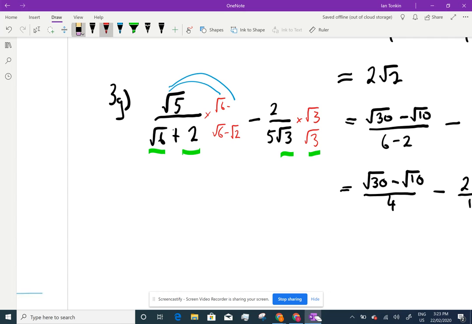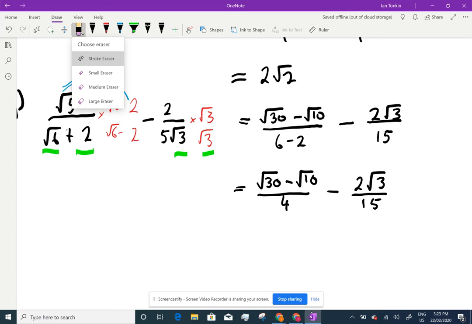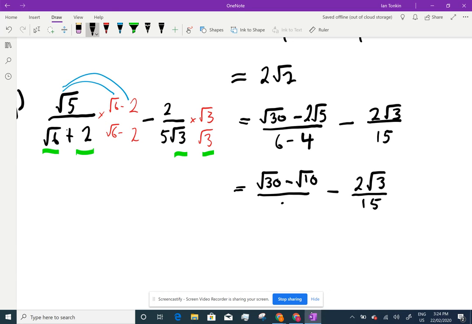Sorry everybody. And I'll just fix this up. So that's 2 root 5. And now, down the bottom, I get 6 minus 4, which is 2. Excellent. Sorry about that. That makes more sense.